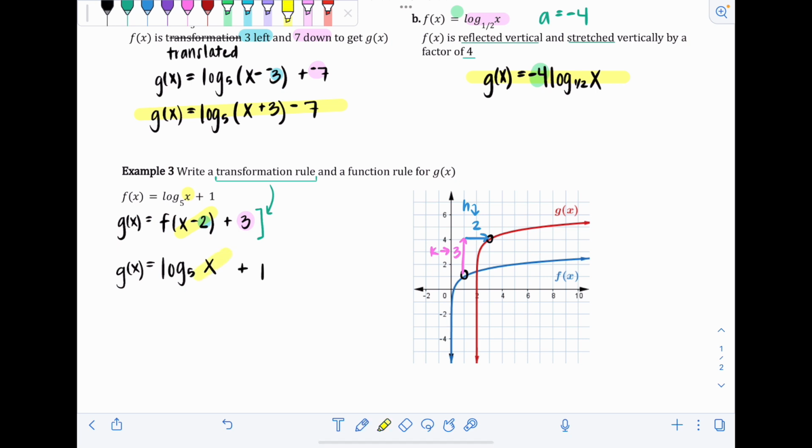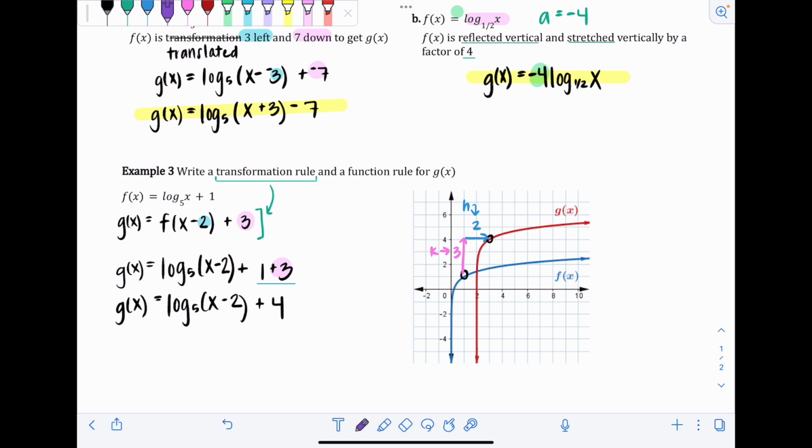Wherever there's an x in the function, it would get replaced with x minus 2 because that's my new argument, my new input. So it would be log base 5 of x minus 2, and then that plus 3 at the end just gets added to the end of f of x, in addition to that 1 that's already there, and of course we'd want to simplify. So it'd be g of x equals log base 5 of x minus 2, and then we add these two together to get plus 4 at the end.